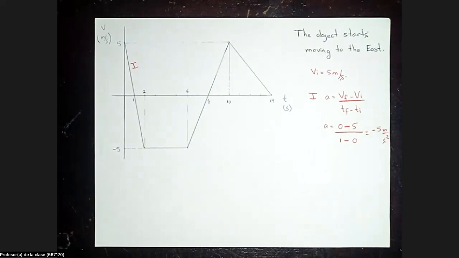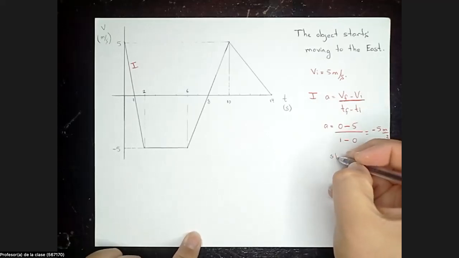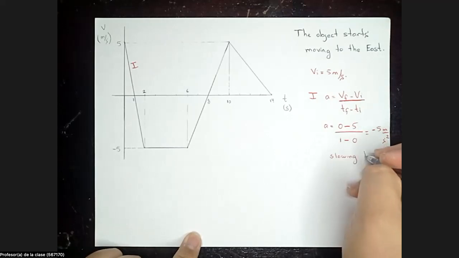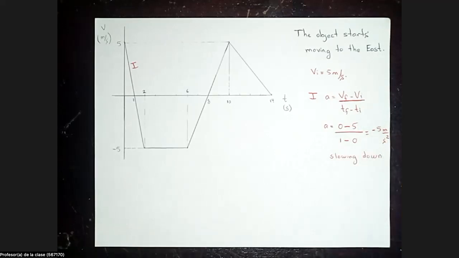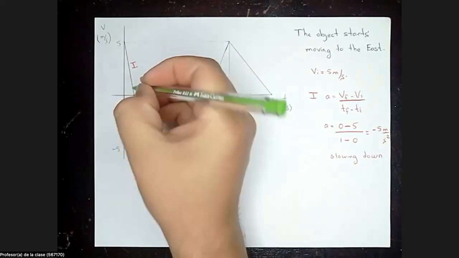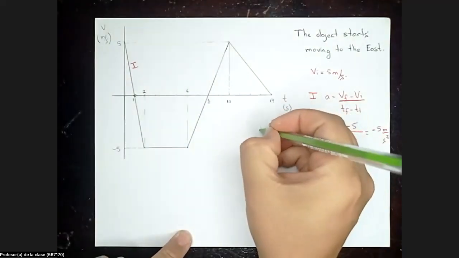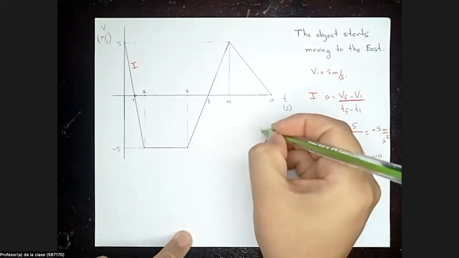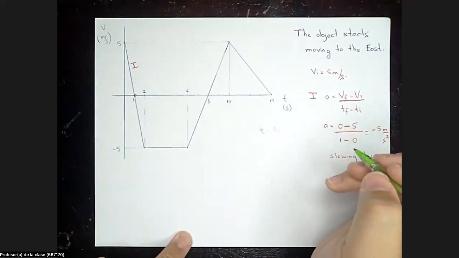Very good. Now, the interpretation on the first interval is that the object is slowing down. And of course, at 1 second, this point over here, the object doesn't move.